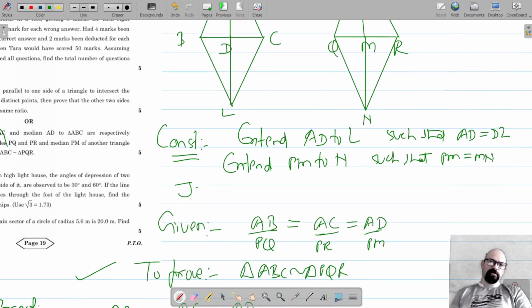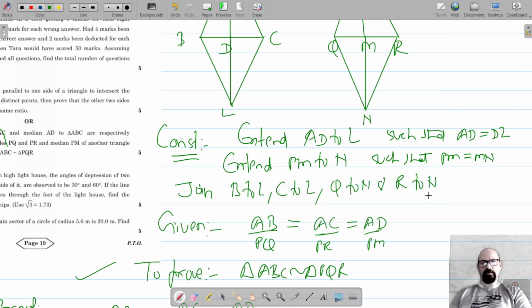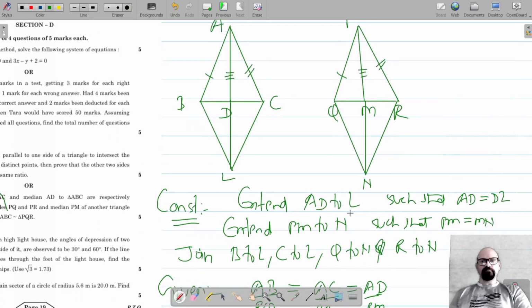And what I have done apart from this is that I have joined B to L, C to L, Q to N, and R to N. So this is what I have done now.